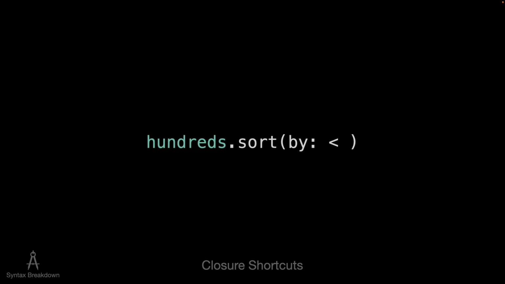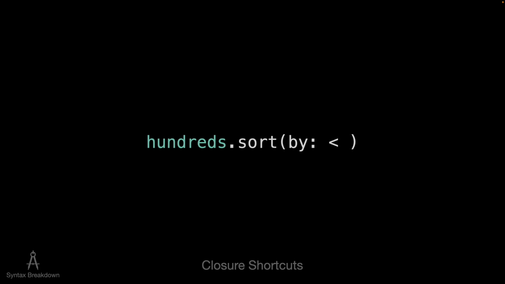The other thing you can do in Swift with sort is just pass it your operator. It knows that it's comparing two elements. It knows that it's doing it in a way that needs to create a Boolean.